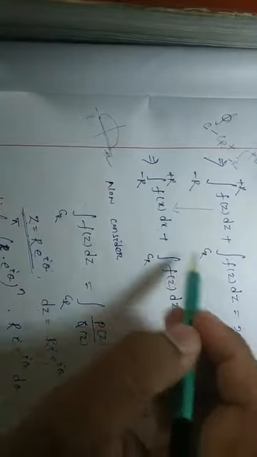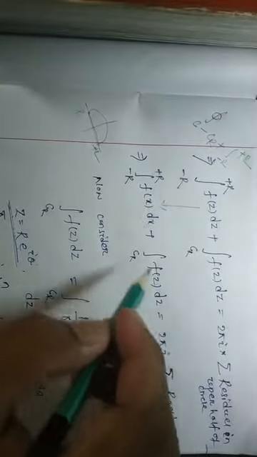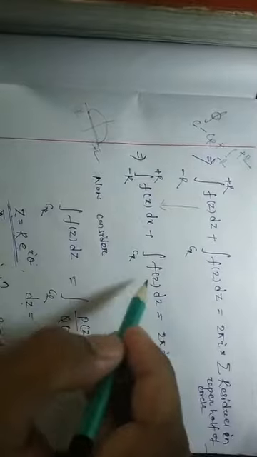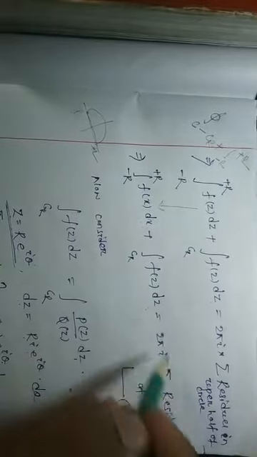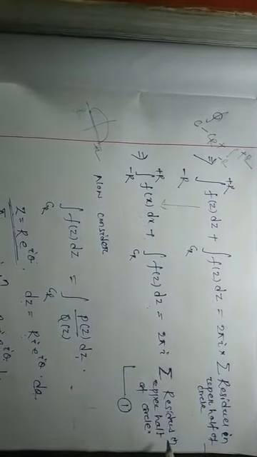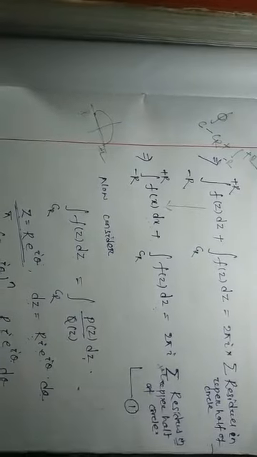But inside the closed contour, the integral over C_R of f(z) dz will be equal to 2 pi i times the summation over residues in the upper half of the circle. This is equation number 1.